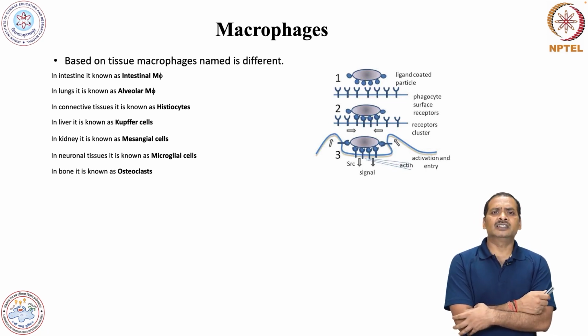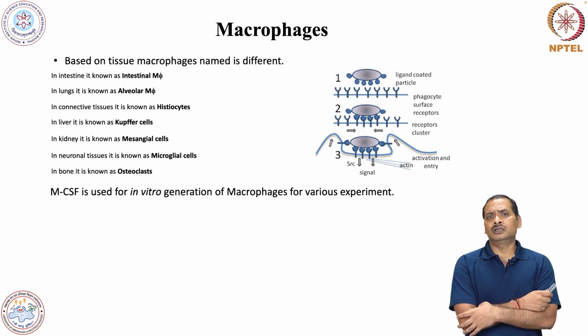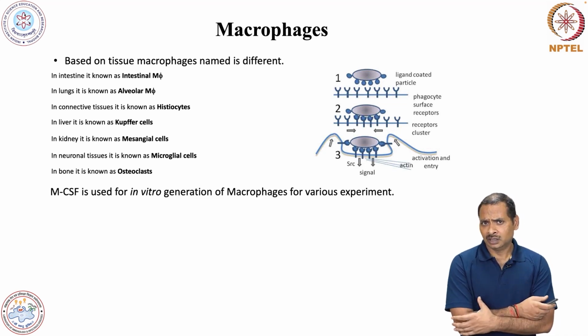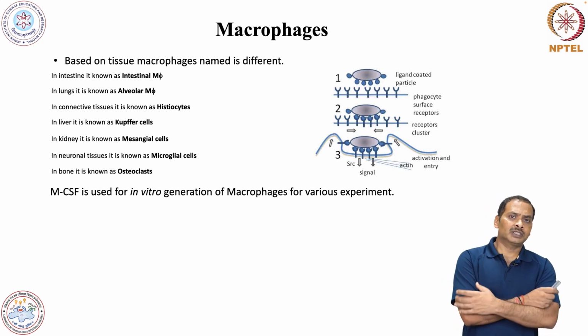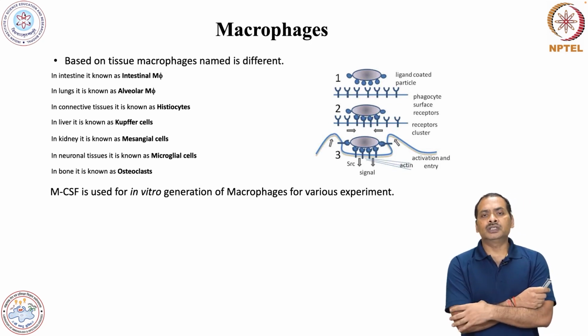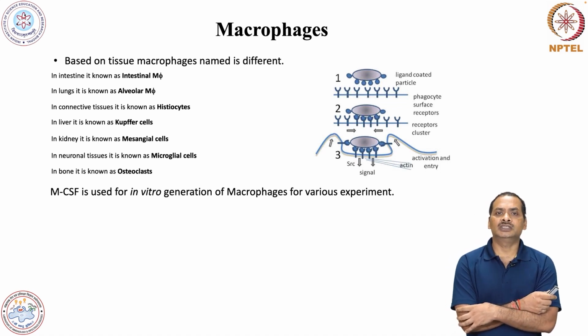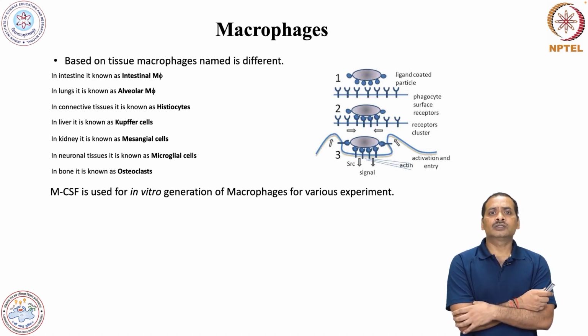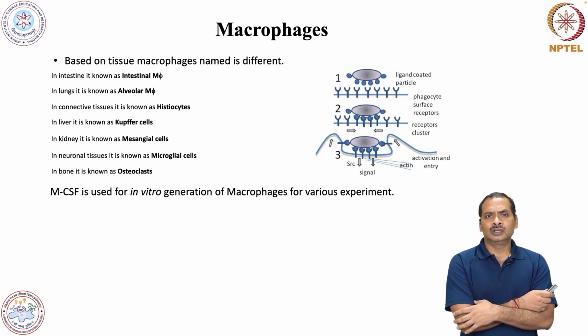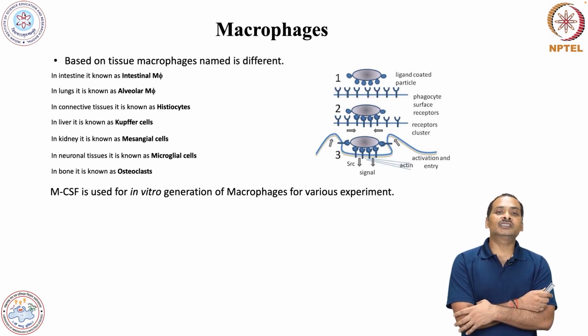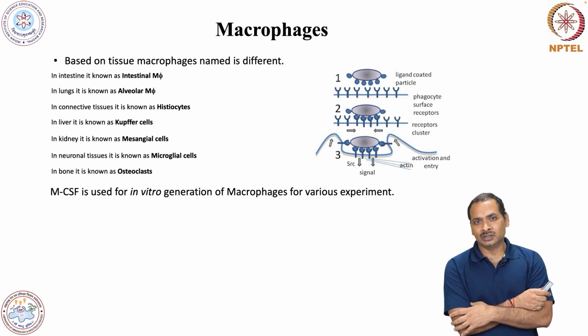Like other cells such as dendritic cells, we can also prepare macrophages in dishes. We take the bone marrow cells, as I explained previously, and stimulate them with MCSF, macrophage colony stimulating factor. After a few days to a week, you will notice a lot of cells strongly adhered to the bottom of the culture dishes.